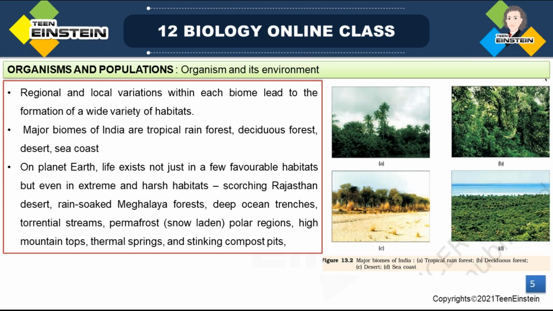In a particular geographical area, within that limit, where one population is existing, that is called a habitat. So in favorable conditions habitats are forming, and in unfavorable, extreme conditions also, organisms are living and forming habitats.